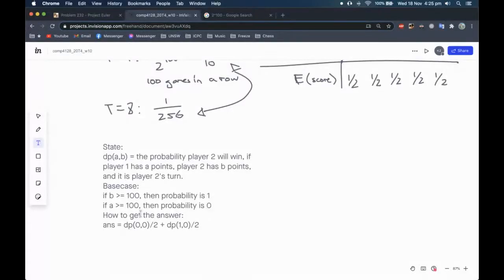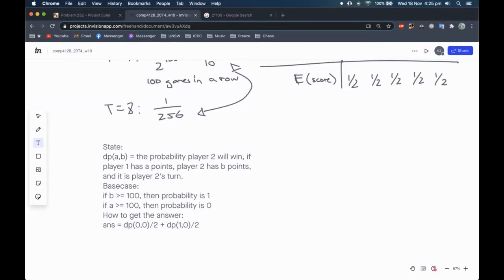Yeah, exactly right. DP 1, 0, right? So if he won his first turn, it's going to end up on 1 point. And again, we divide by 2 because this has a half chance of happening. And this is our answer. We consider the two cases for player 1, multiply them by half, and we look at the probabilities of winning. And that's how we get our answer.